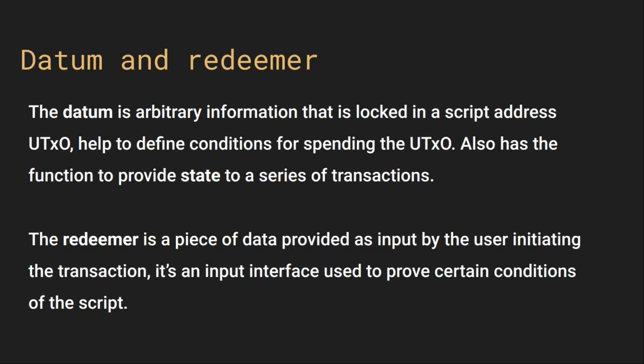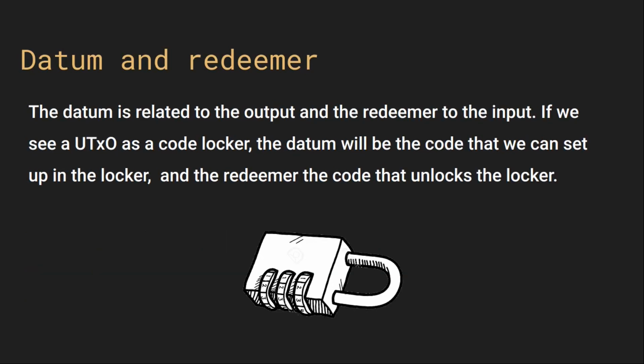And regarding the redeemer, we can say that it is a piece of data provided by the user that starts the transaction, and it's an interface to prove the conditions of the script. These concepts can be confusing at first, but a very important thing to keep in mind is that the datum is always related to the output and the redeemer to the input.